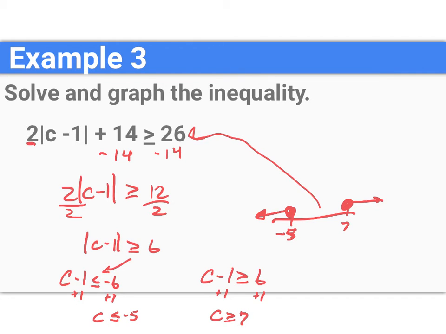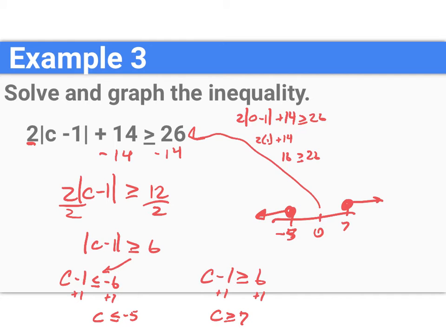So 2 times, and I always choose easy numbers because I'm lazy, the absolute value of 0 minus 1 plus 14 should be greater than or equal to 26. 0 minus 1 is negative 1. The absolute value of negative 1 is positive 1. So this becomes 2 times 1 plus 14, which is 16, is not greater than or equal to 26.